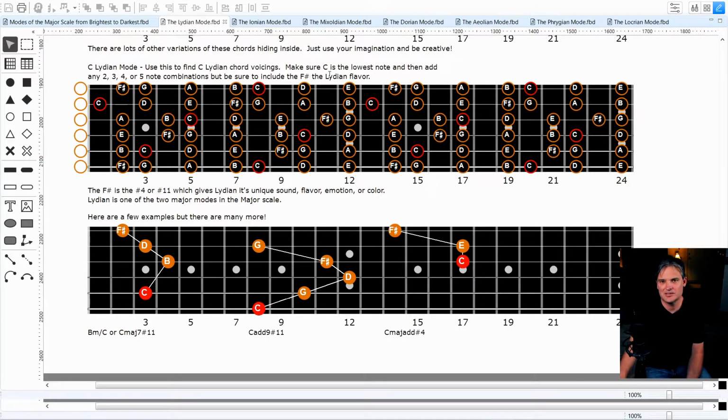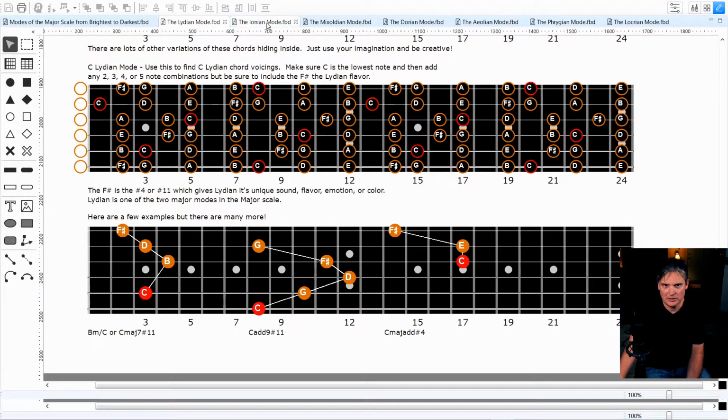In this case, it's C. Then you want to add any 2, 3, 4, or 5 note combinations, but be sure in the case of Lydian to add the sharp 4. In this case, that's F sharp. That's going to bring out that unique sound, flavor, emotion, or color. And down below we have a few examples of some Lydian chord voicings.